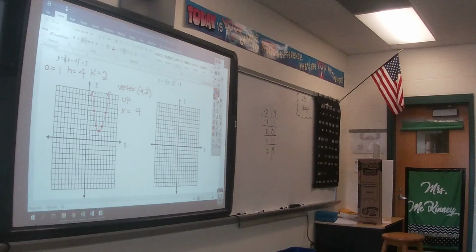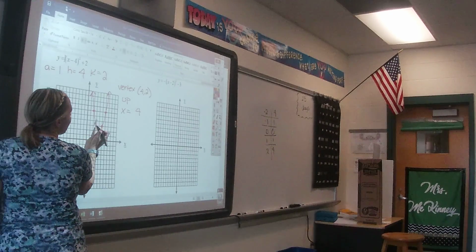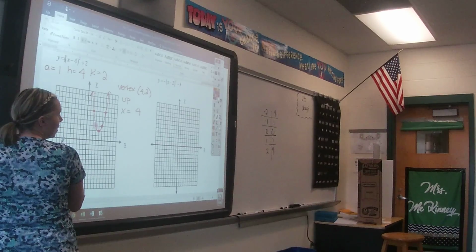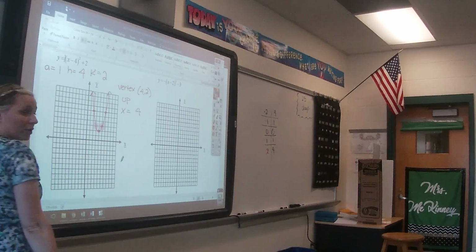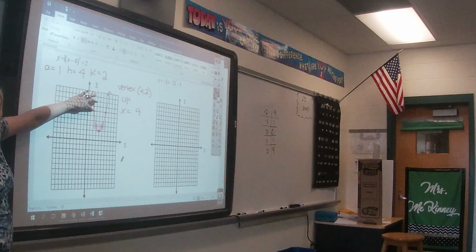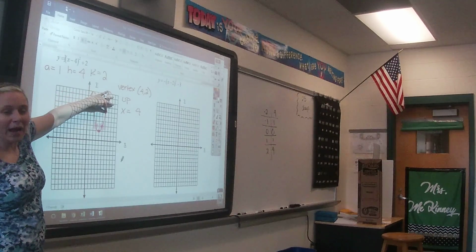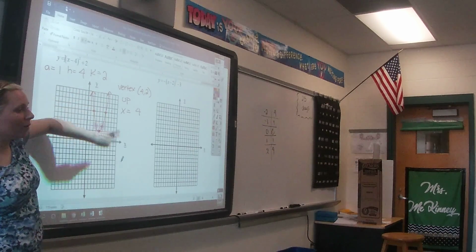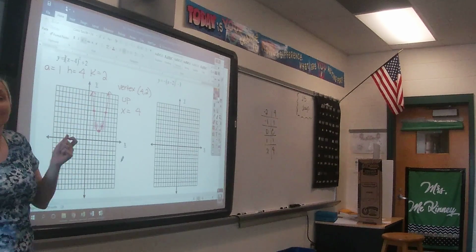So what point would be symmetric to this point? The one to the right of it. You can either choose to name these two points or these two points. I don't care, but you'll have to name them.